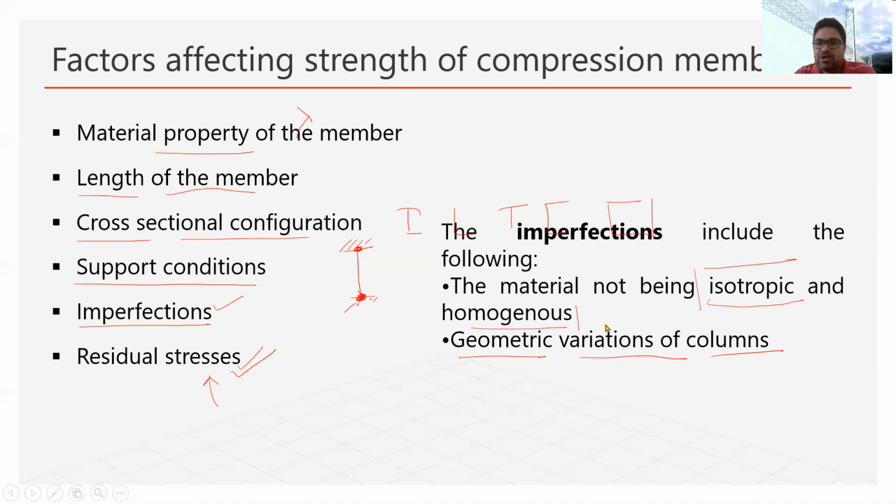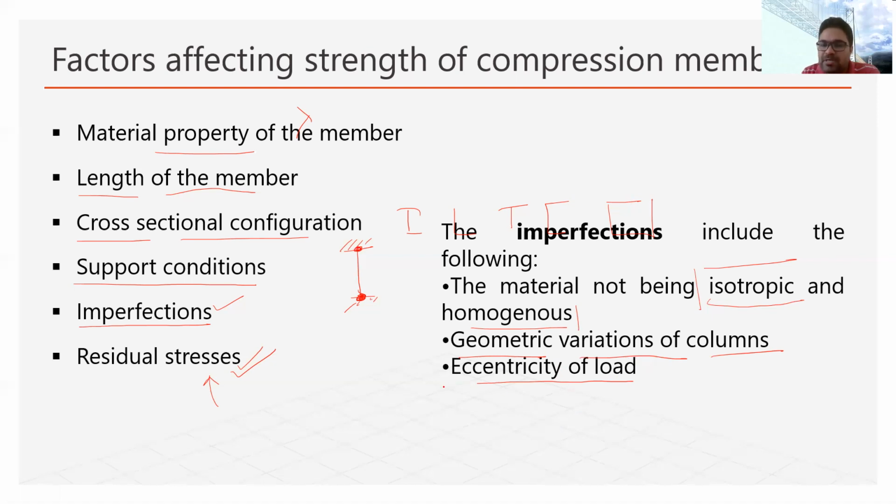Because of these imperfections and problems, the strength curve that I have discussed... sorry, one more thing I have to discuss. Another important thing is eccentricity of the load. In the Euler column, we have considered that there is no eccentricity of the load, but in reality, the load may not always pass through the centroidal axis of the column.